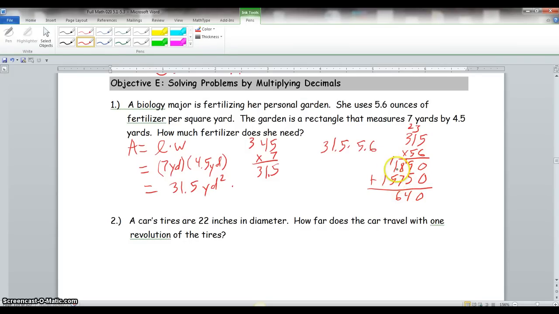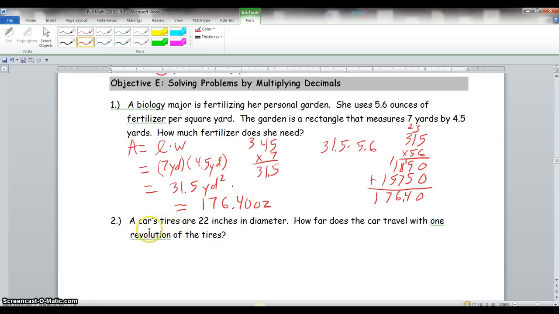Carry a 1. 5 plus 1 is 6, plus 1 is 7. And you bring down your 1. Now here we have 2 digits behind the decimal. So our answer here would be 176.40, and then it's ounces. Now that takes care of that problem.